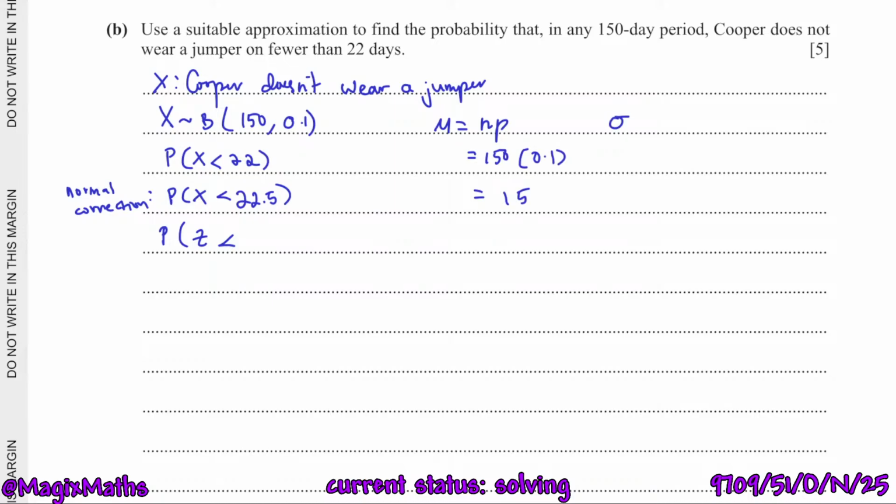Meanwhile, our standard deviation is the square root of npq, which should be 27/2 under the square root.